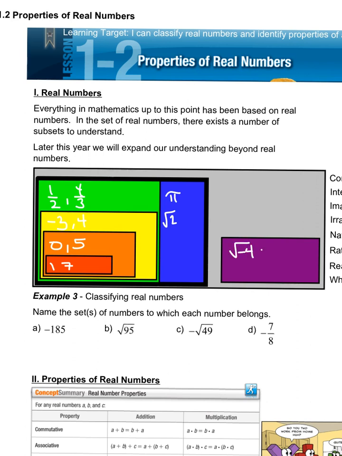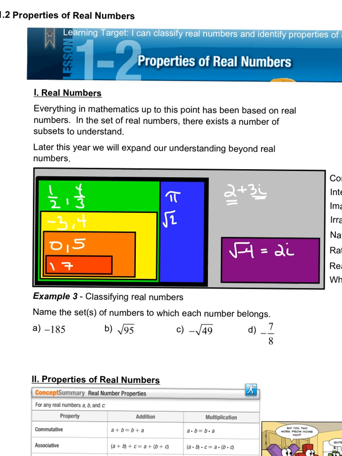We haven't been able to do the square root of -4 up to this point, but I can tell you the square root of -4 is 2i. It does exist, it's just not a real number. We'll talk about that more in chapter 5. When we put real and imaginary numbers together, 2 plus 3i, for instance, this is a real number. This is an imaginary number. We put them together.